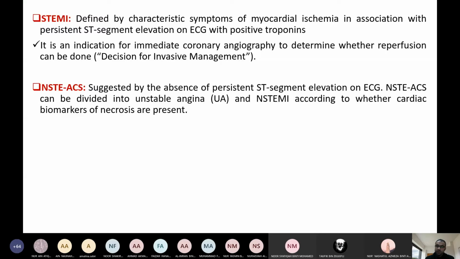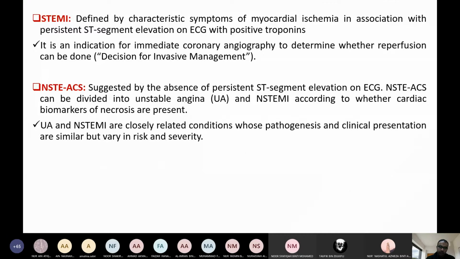But of course, the ECG and the ST segment elevation and depression will be different between both. Unstable angina is also one of the points, but unstable angina is not really associated with tissue damage. I will show you in a few seconds.